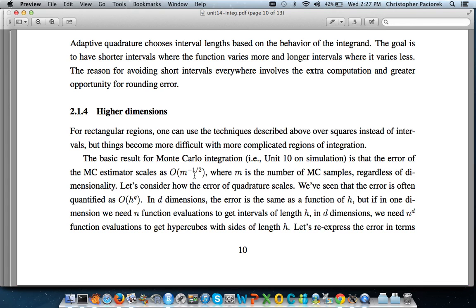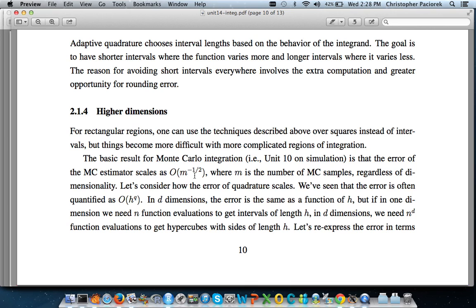If there's some function coming out of the board in 3D at us, we have to break up our domain into little boxes. So instead of intervals, we have these little boxes over which we do some estimate or approximation of the integral for each box.